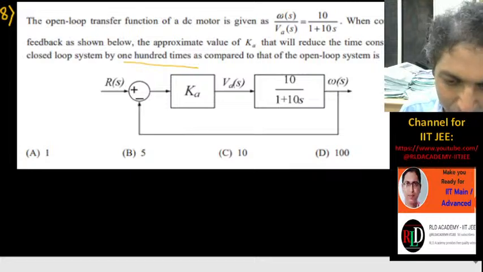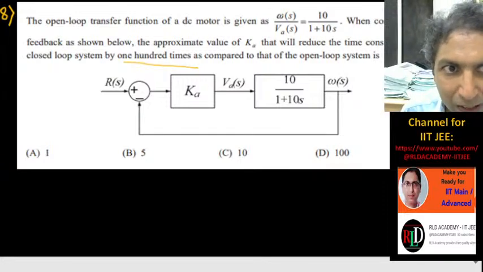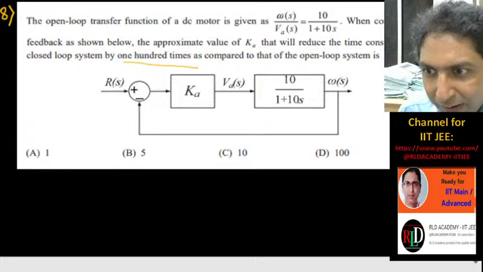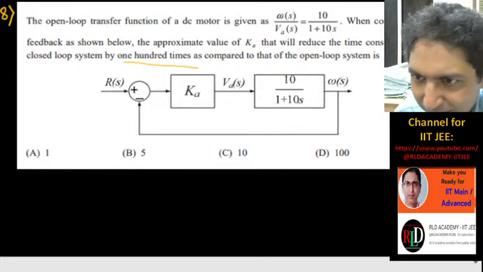I think we are going to end this lecture today because it is more than 1.5 hours. You solve this problem, and please share your answer in the comment section.